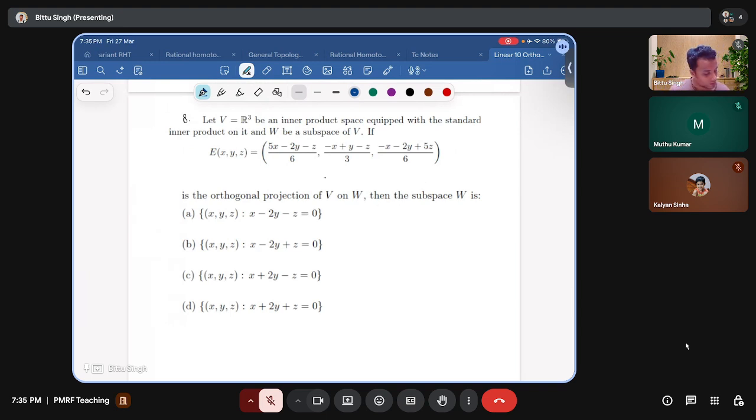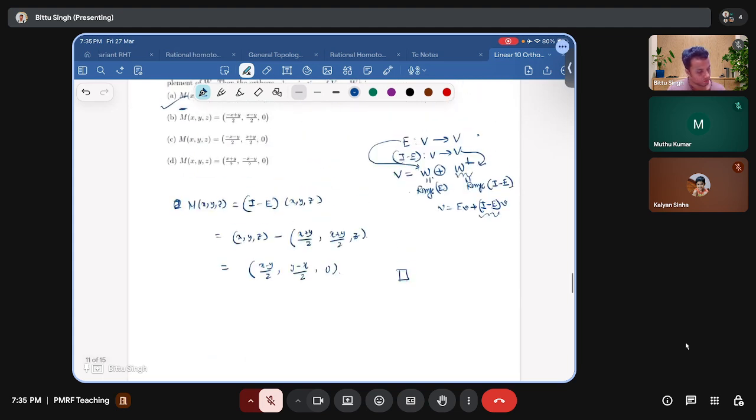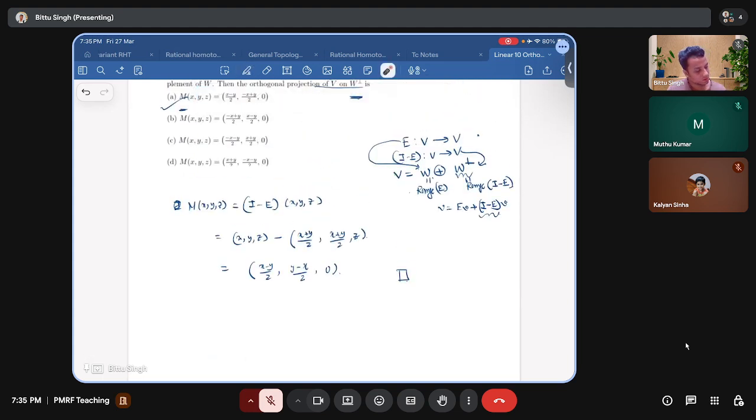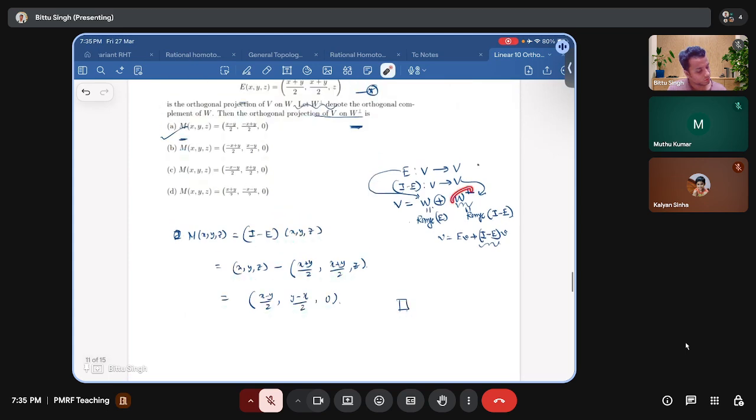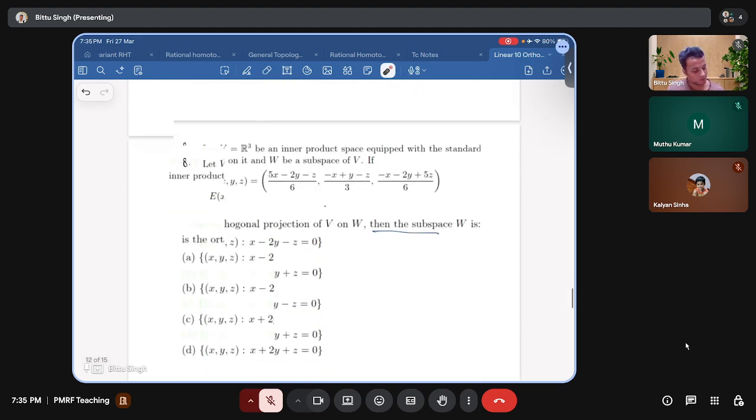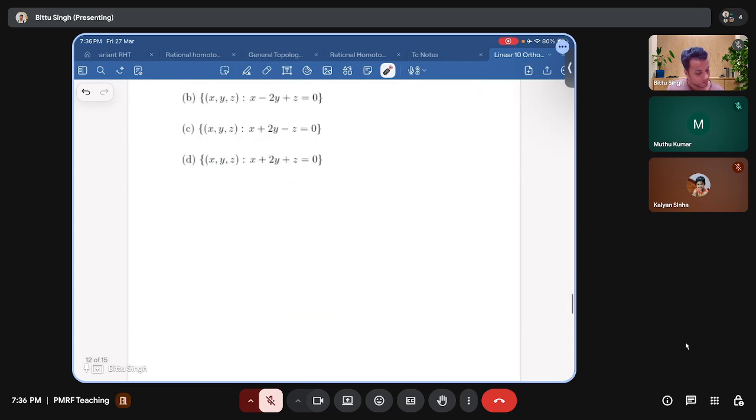You can easily try, you can easily solve this problem. Just use this thing, that the range on W perp is coming from this projection I minus E. You will get the correct answer.